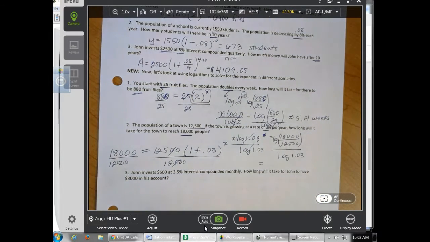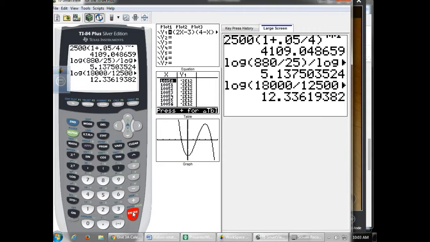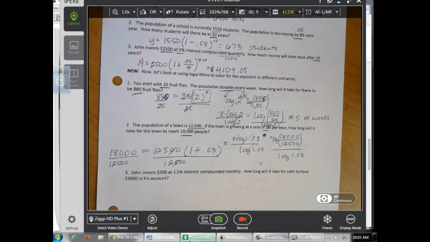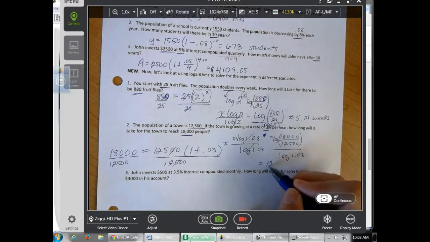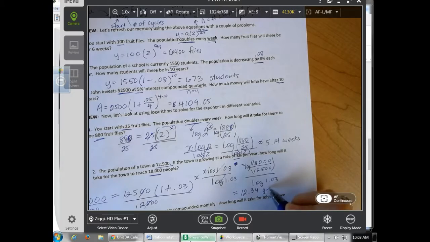So it's going to be log of 18,000 divided by 12,500, and then I would divide that by the log of 1.03. And I get 12.34. Now the rate is given in years, so this will also be given in years here.